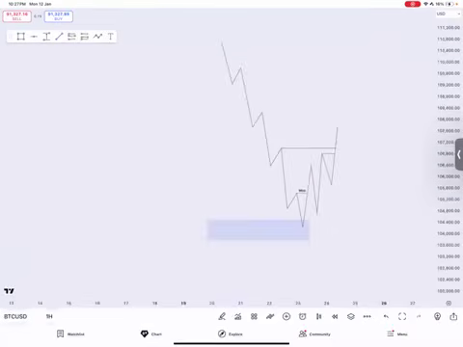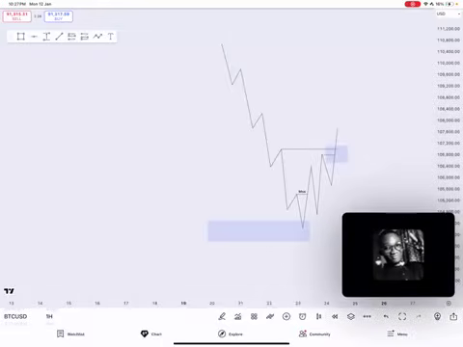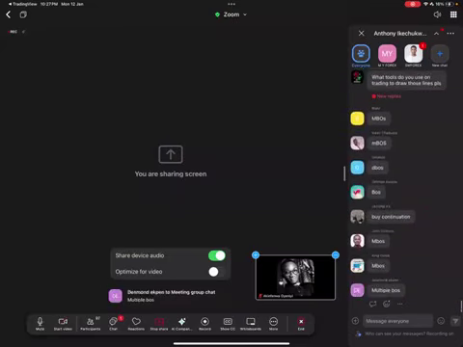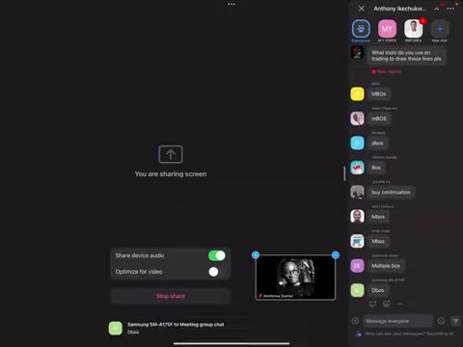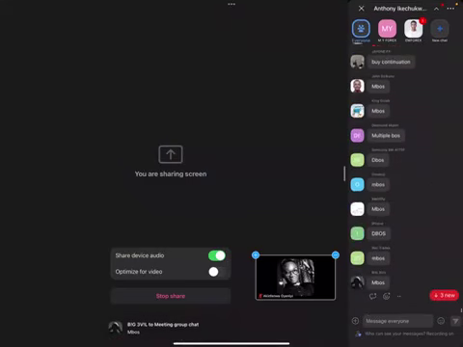Now, this particular one that happened here, what do you call it? Exactly, multiple breakout structure.